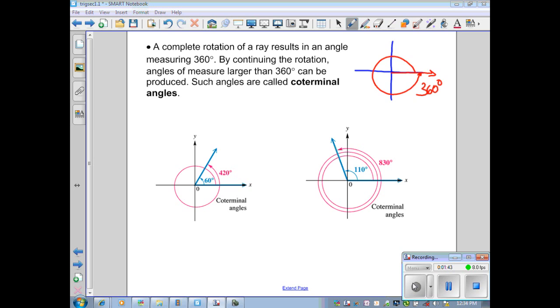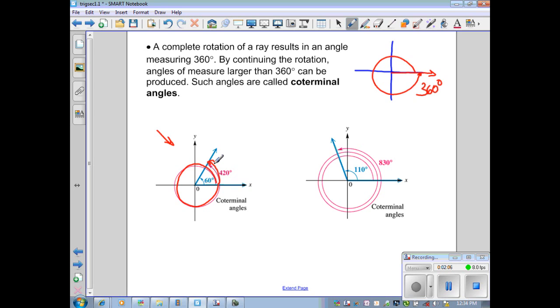For example, in the first diagram right here, I have a 60-degree angle from our initial side. Then what they did was decide to take another rotation, which would be 360 from the initial side, and then go another 60 degrees, which adds into a 420-degree angle.